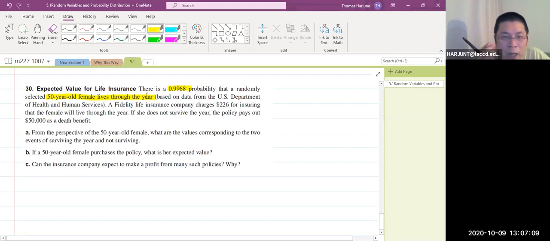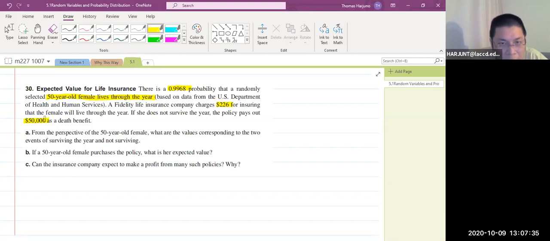Now, a Fidelity Life Insurance Company charges $226 for ensuring the female will live through the year, and if she does not survive, then the policy pays out $550,000 death benefit. Okay, now the question is, from the perspective of the 50-year-old female, what are the values corresponding to the two events of surviving or not surviving?